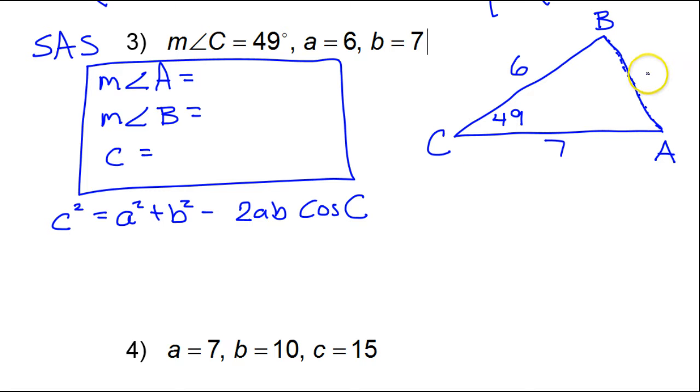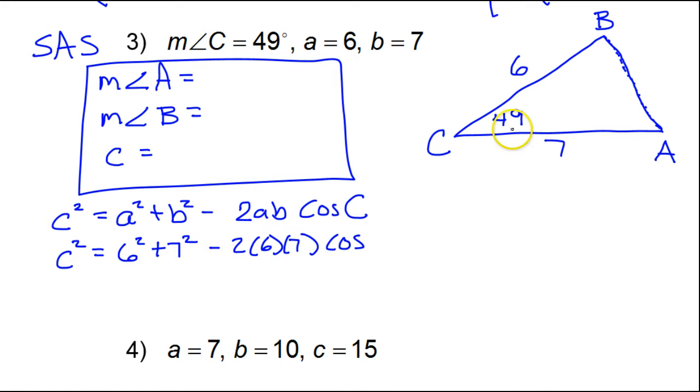We don't have side c, so c squared is equal to 6 squared plus 7 squared minus 2 times 6 times 7 cosine of 49.